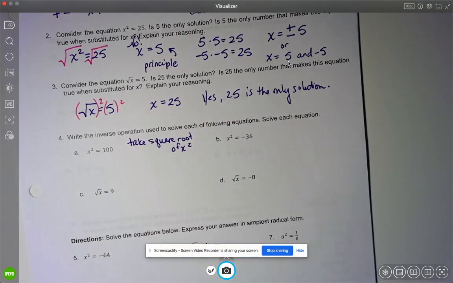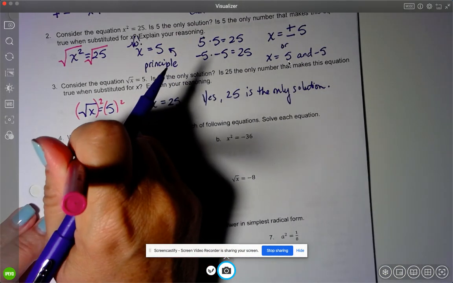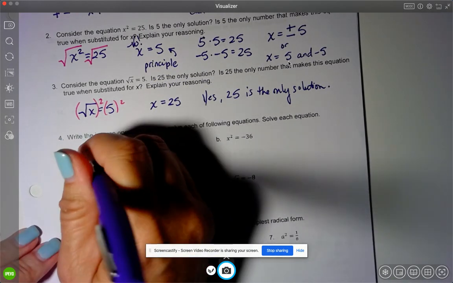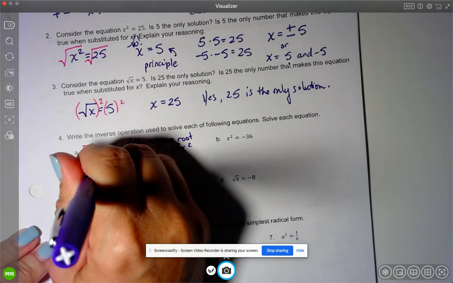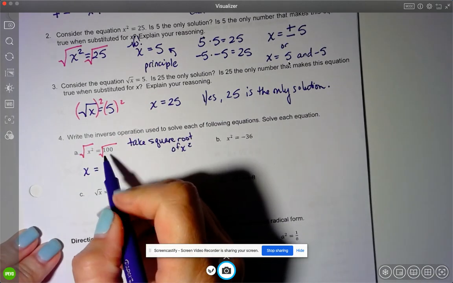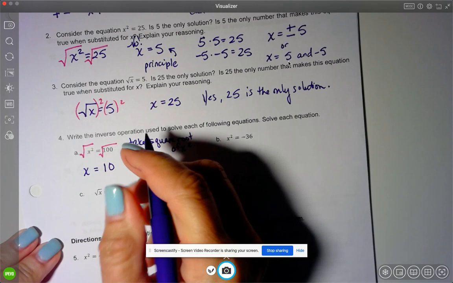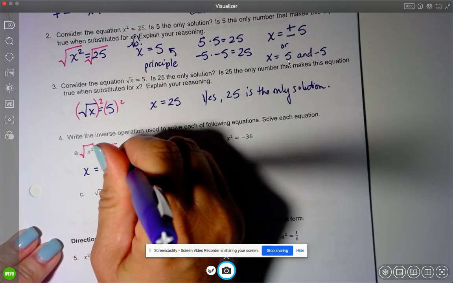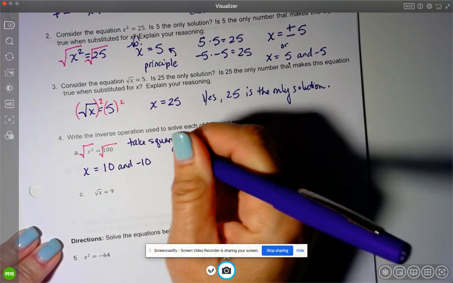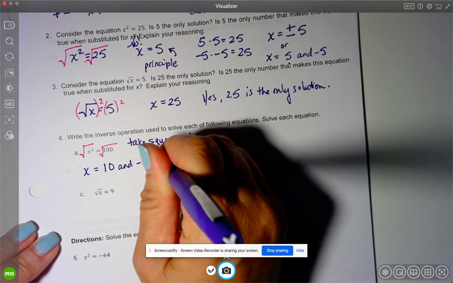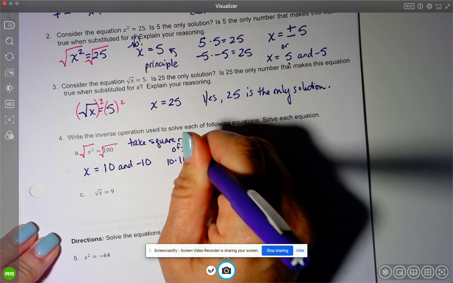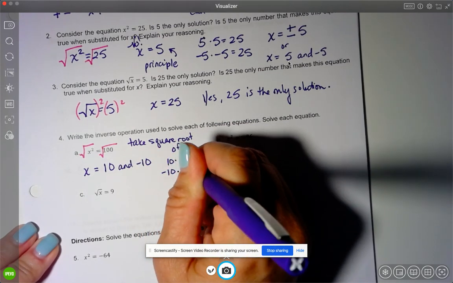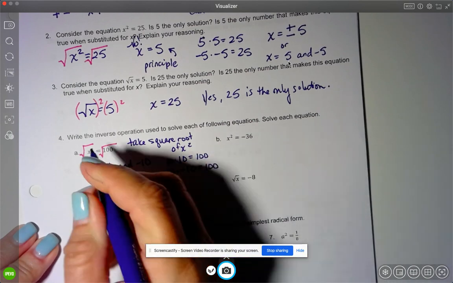So I'm going to go ahead and do the inverse operation, take the square root, both sides. So I have x by itself equals, well, 10 is the obvious solution, but also negative 10. So you can see that 10 times 10 equals 100, and negative 10 times negative 10 also equals 100. So x equals both of those.